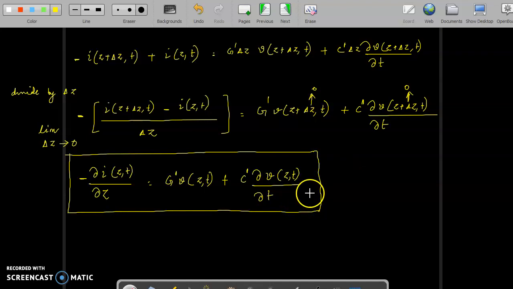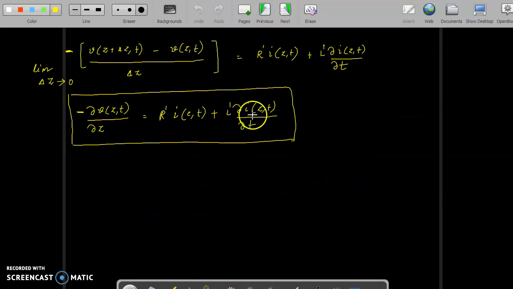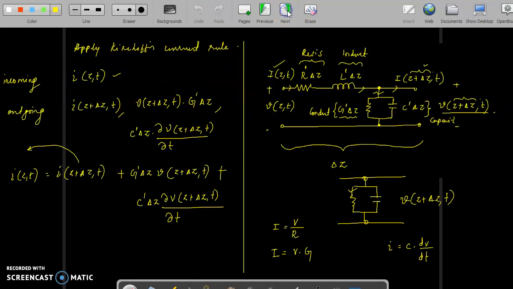So finally we obtained the current equation, and this is the voltage equation. Here we know that the voltage is a function of the series resistance drop and the drop across the inductance.